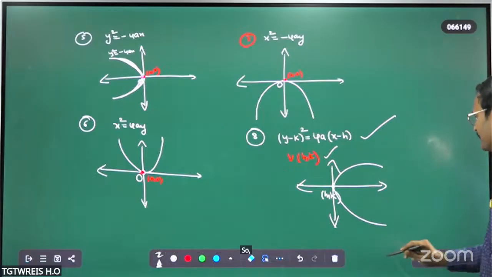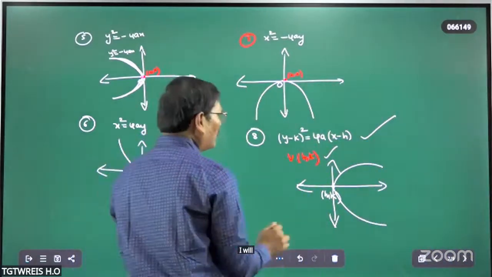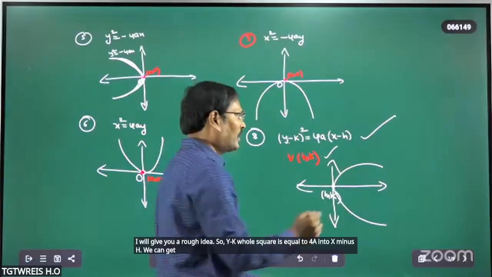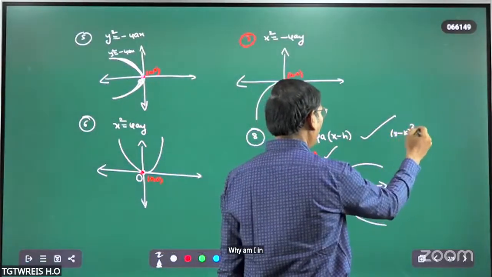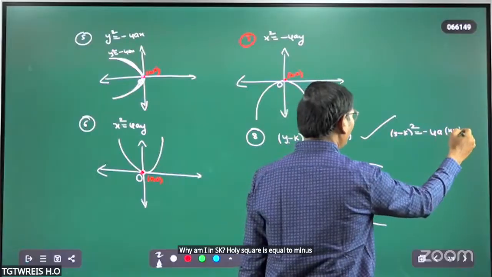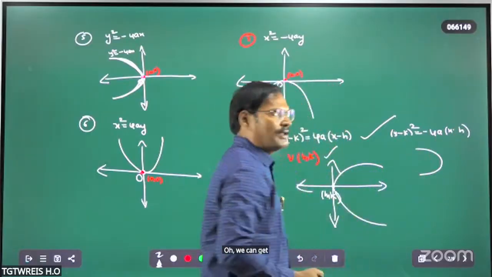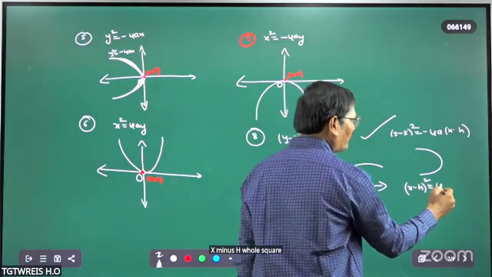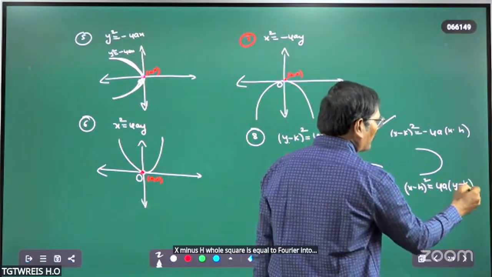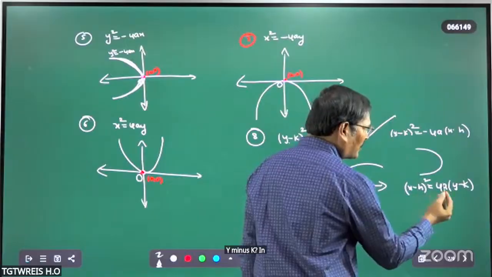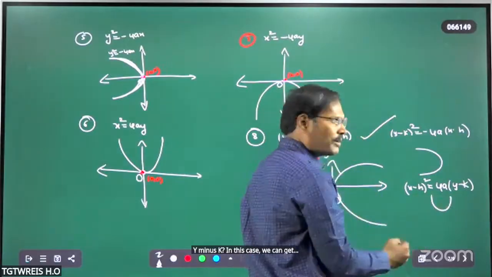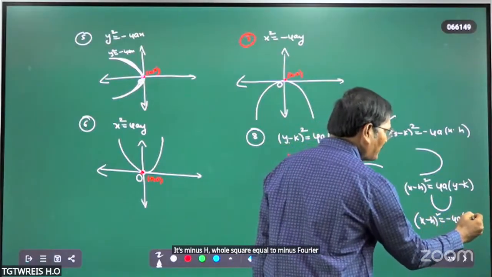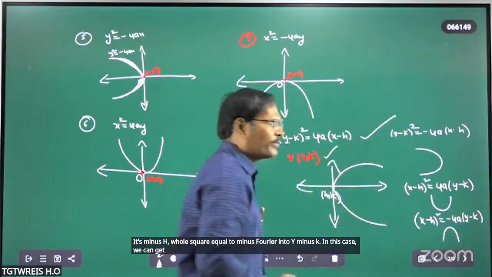So for this, I will give you a rough idea. y minus k whole square is equal to 4a into x minus h; we can get a rightward parabola. y minus k whole square is equal to minus 4a into x minus h; we can get a leftward parabola. x minus h whole square is equal to 4a into y minus k; in this case, we can get an upward parabola. x minus h whole square is equal to minus 4a into y minus k; in this case, we can get a downward parabola.